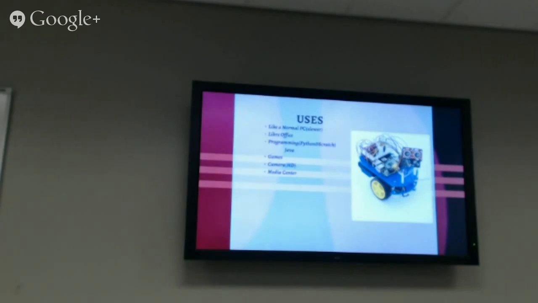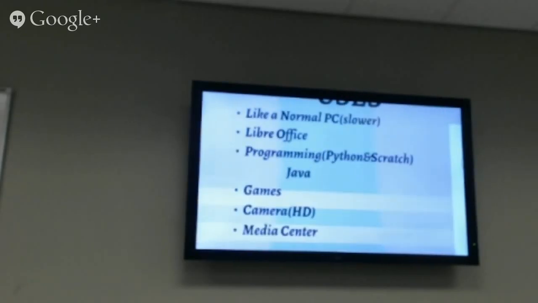The main purpose of this talk was for kids, for programming. The Debian OS comes with Python and C++. Adults can use Python on this Raspberry Pi. But for the kids, there's a program called Scratch.